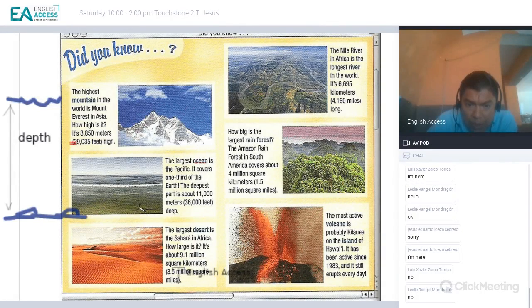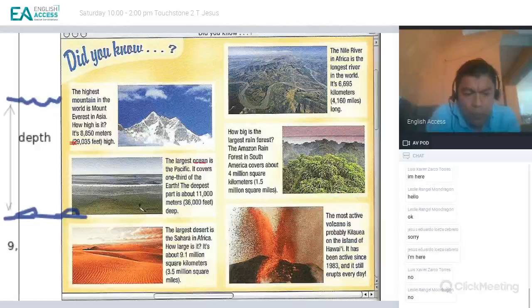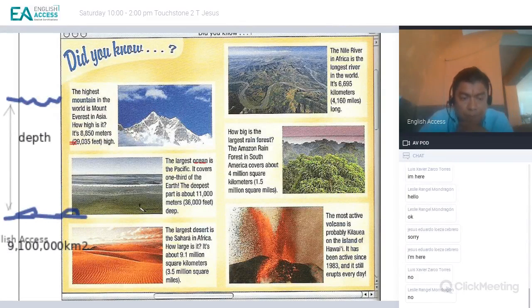How do you write these square kilometers? All right, so let's write it again. 9.1 million square kilometers. That is really large. Yes?